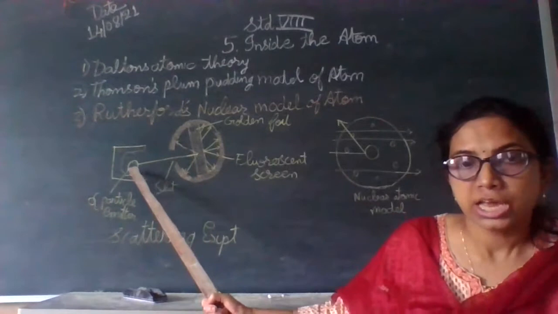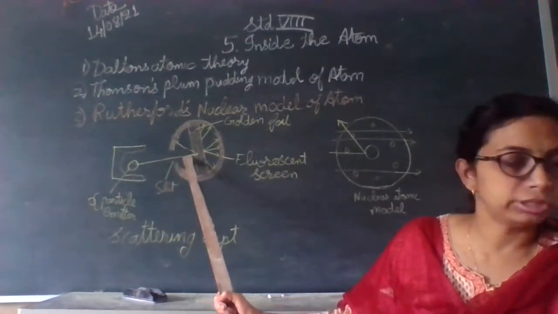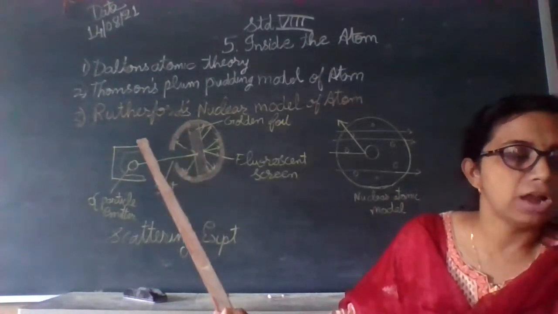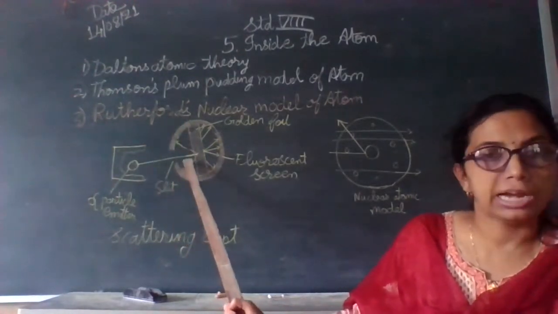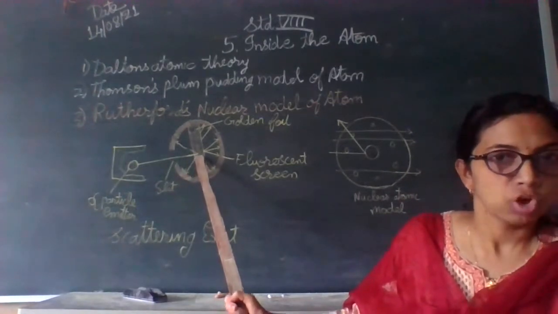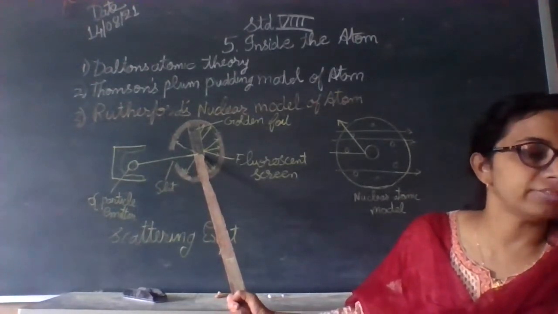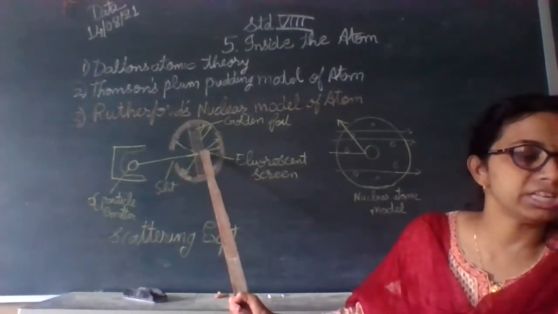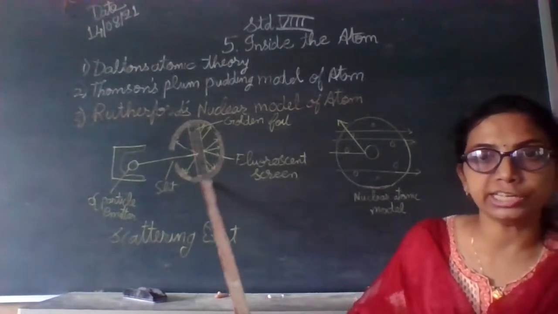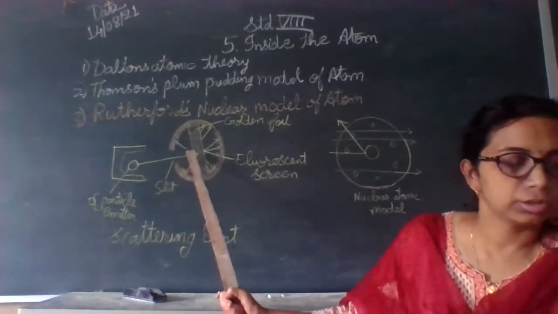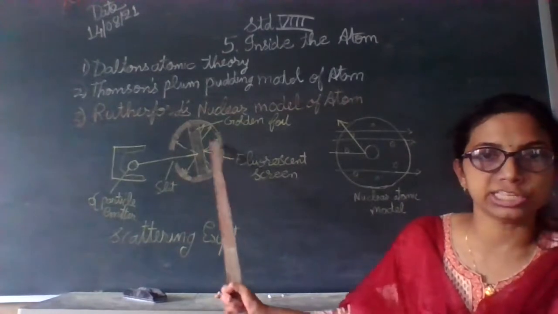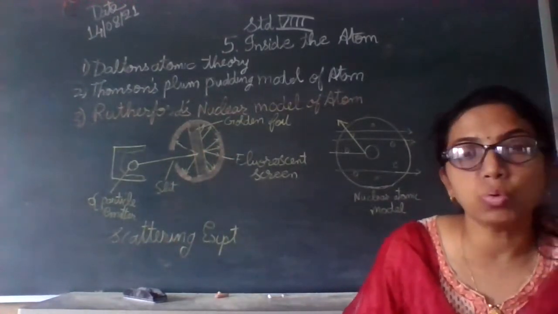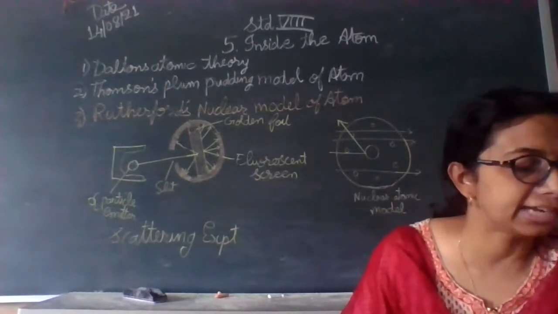From this source, the radioactive element, alpha particles were emitted, and they were allowed to fall on this gold foil. He observed the path of the alpha particles by means of a fluorescent screen, this semicircular shape, and how the light was scattered.